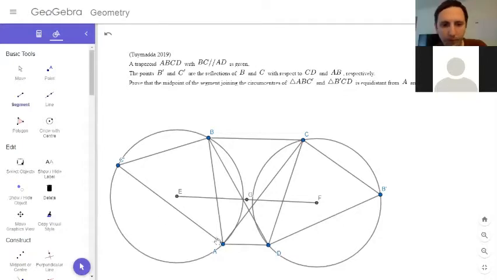Basically, it means if we take the midpoint of AD, then G, it's like saying GH is perpendicular to AD, right? So yeah, E is the reflection of the orthocenter of ABC over AB.